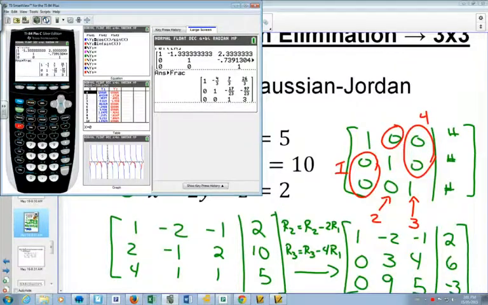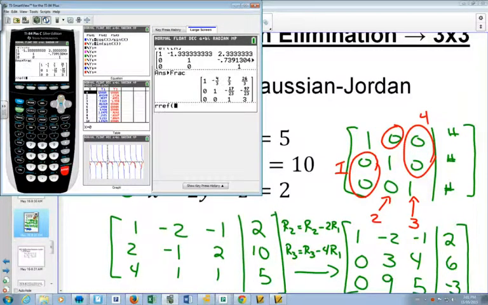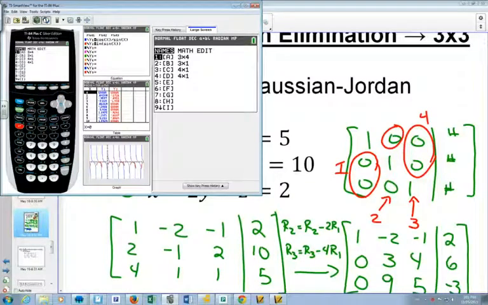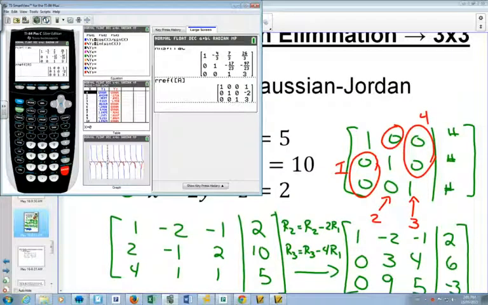And now under matrices, go over to math, go down until you get to reduced row echelon form, and pick matrix A. Is that the same answer we got? Good.